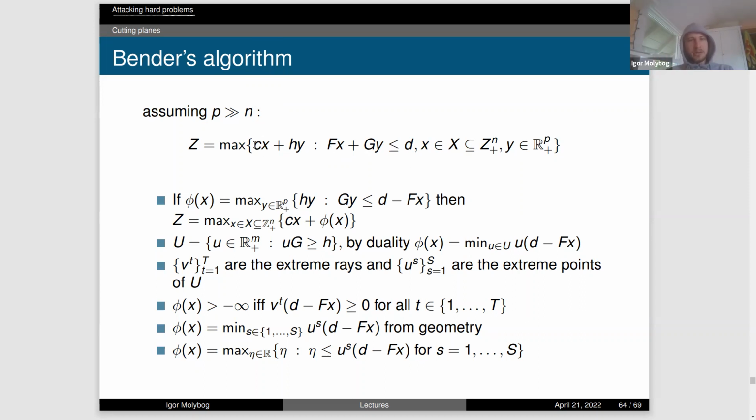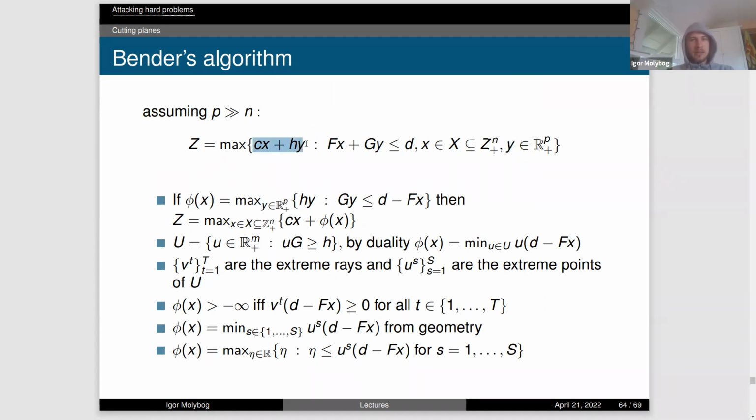So let's consider a mixed integer programming problem consisting of a linear objective. We have two variables, x and y. x belongs to a set capital X that is a subset of the set of integer valued vectors with non-negative components, and y is a real valued vector that belongs to the set of real valued vectors with non-negative components.